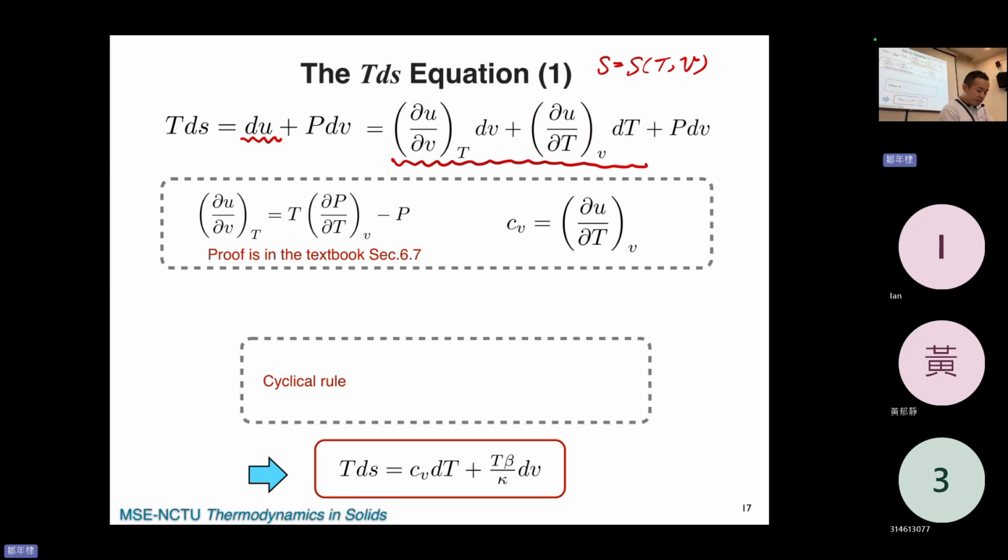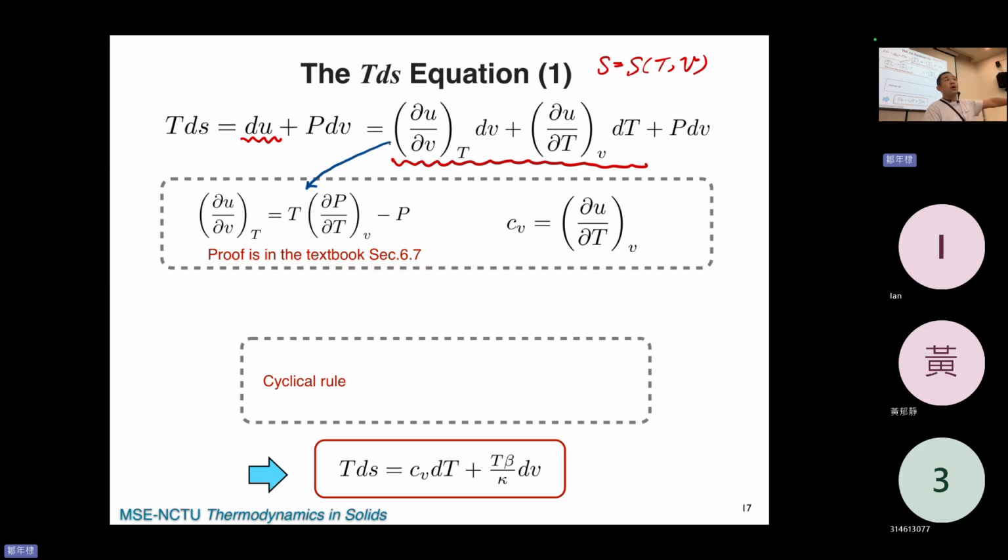Then we use a mathematical tool and some knowledge. Partial u over partial V at constant T is this one. Well, please go back to your textbook section 6.7.